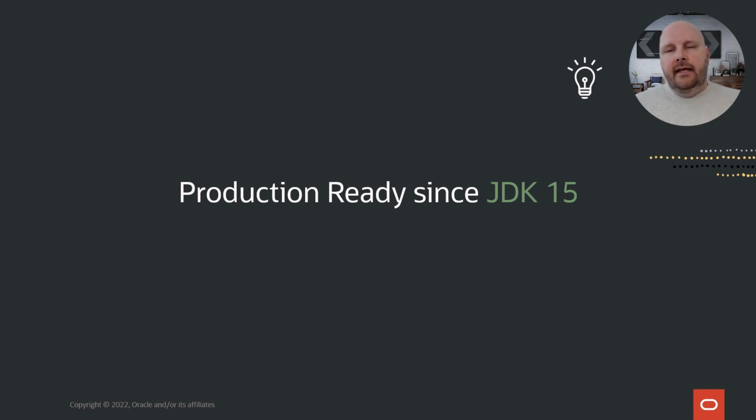However, a few releases later, in JDK 15, it was declared production ready. So that, of course, means that we encourage you to use this in your production workloads. And yeah, should you run into problems, of course, Oracle would happily offer you support.